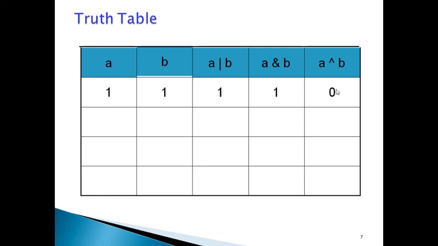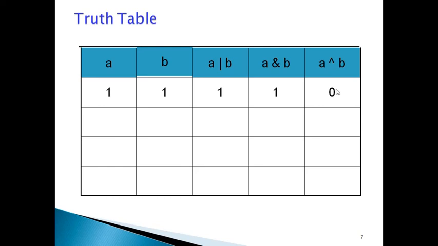As you know, OR gate, AND gate, exclusive OR gate. The OR gate will give output 1 when any one of the inputs equals 1. The second, the AND operator. The AND gate or AND operation will give output 1 when both inputs are 1.